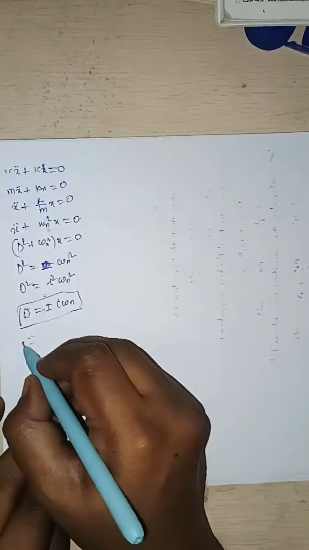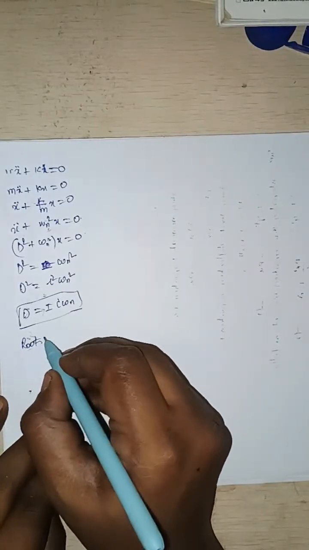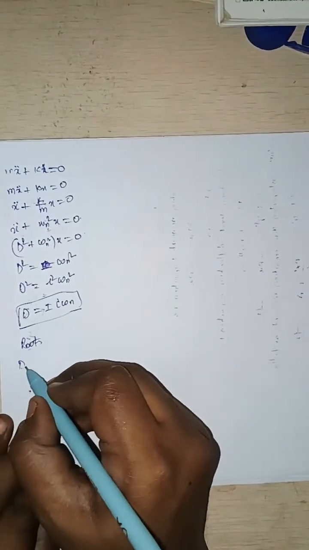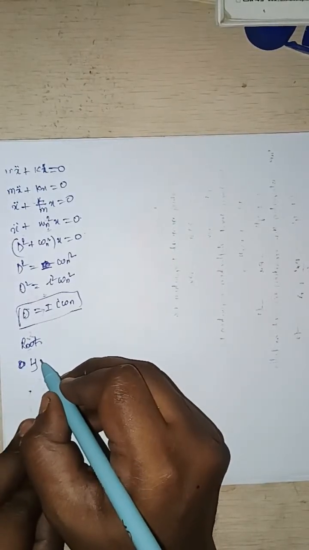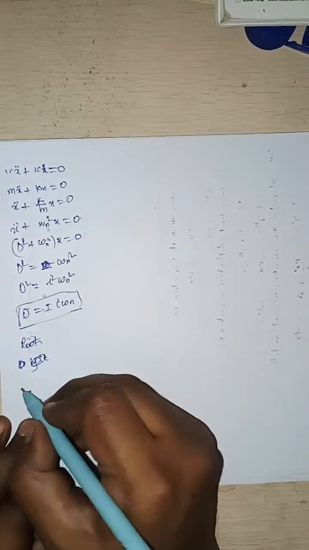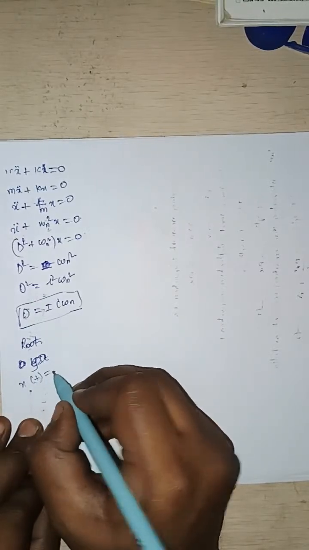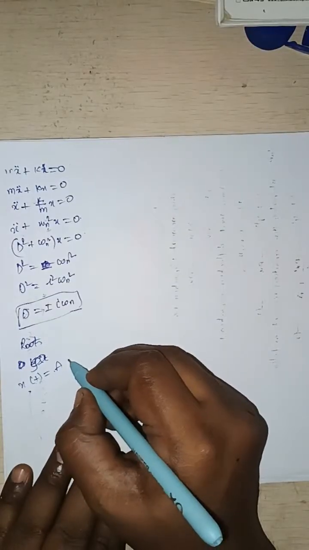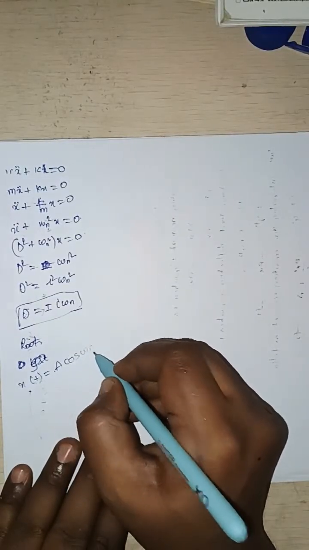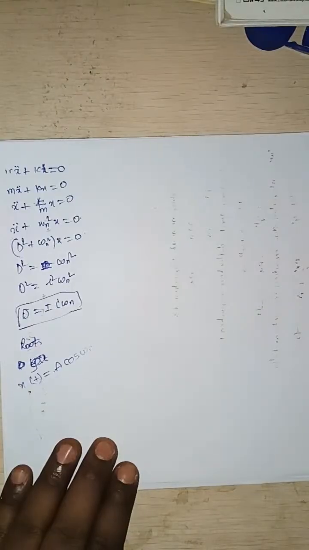This gives us roots. Hence x as a function of time gives us omega n.